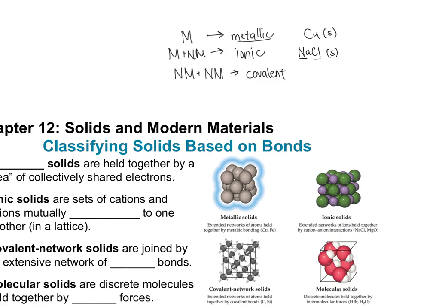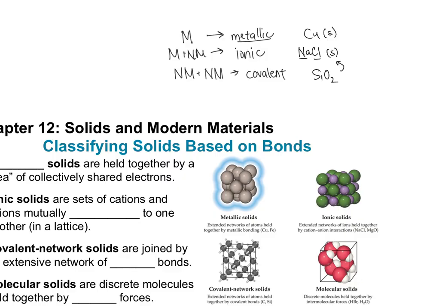For the two other types, we have big, long structures like quartz. Quartz is silicon dioxide, but it's not an individual unit. It actually looks a lot like an ionic compound where it alternates in space, held by lots and lots of covalent bonds.